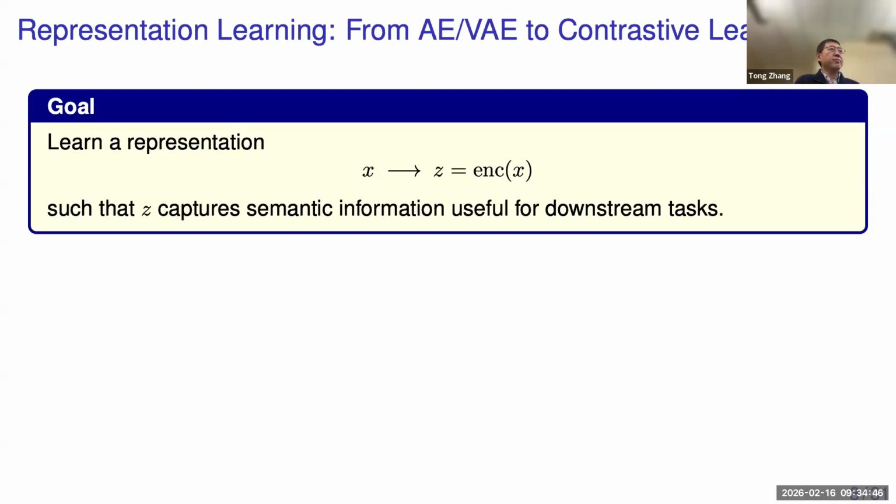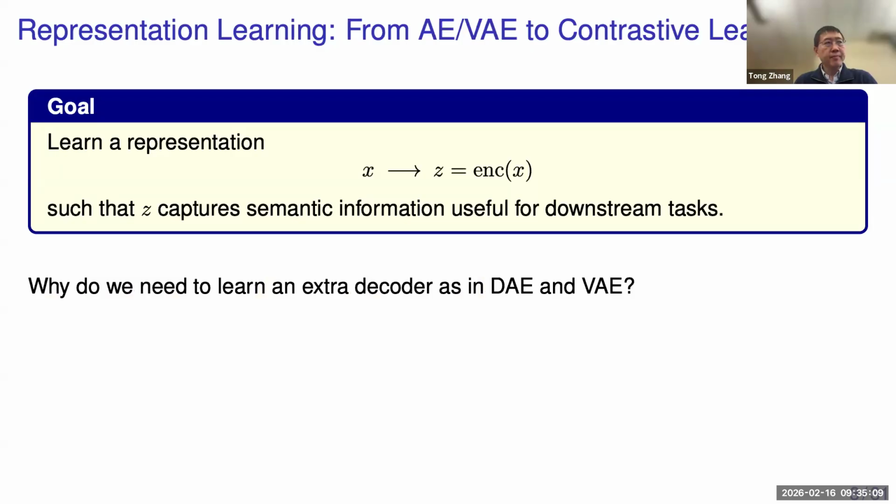Essentially, the Z should capture semantic information that can be useful for downstream tasks. The downstream task can be classification, as we will use, or generation, or whatever other things. It can be used for quite a lot of things. It is basically the compressed information of your data, like X.